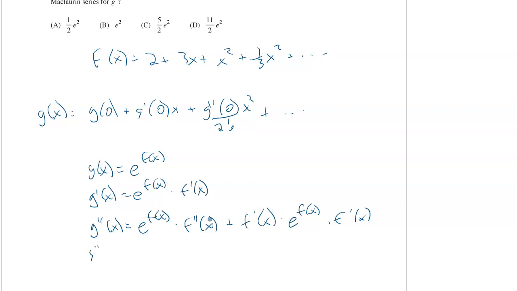And so g double prime of 0 is e to the f of 0 times f double prime of 0 plus f prime of 0 squared times e to the f of 0.